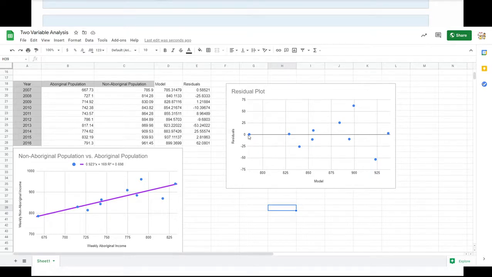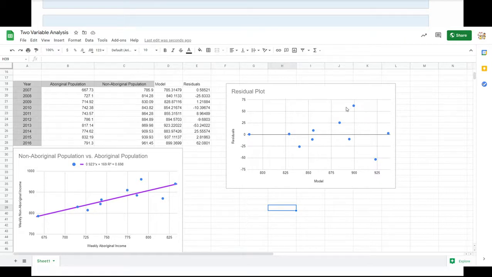And then each point shows how far away from that line our data values are. So we can clearly see we have some that are extremely high and extremely low, and these ones are kind of clustered around it.